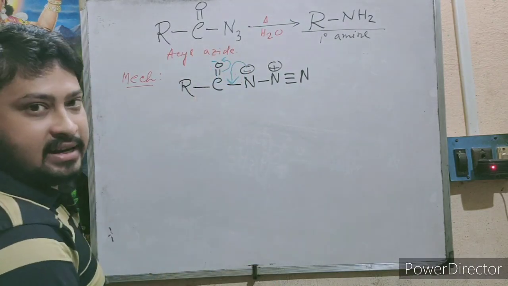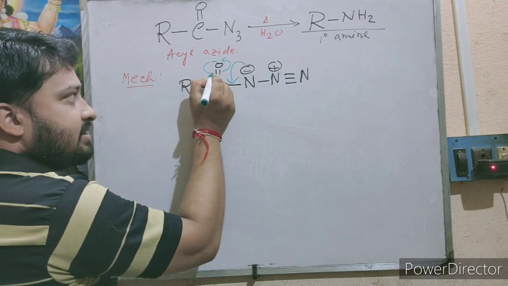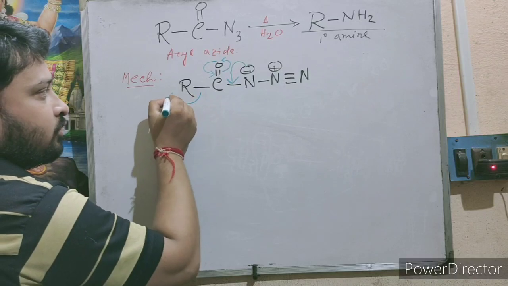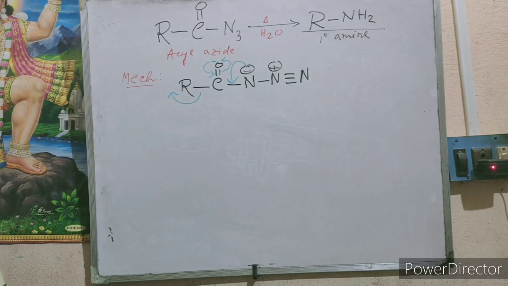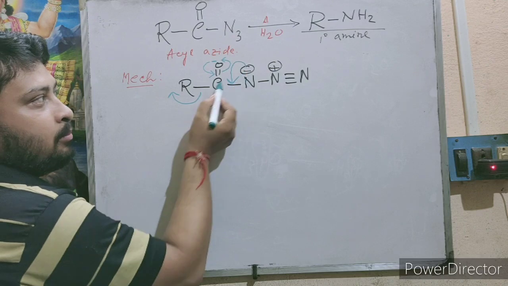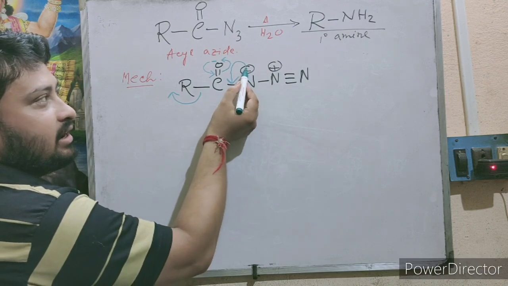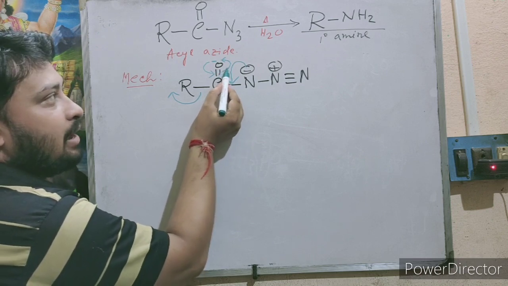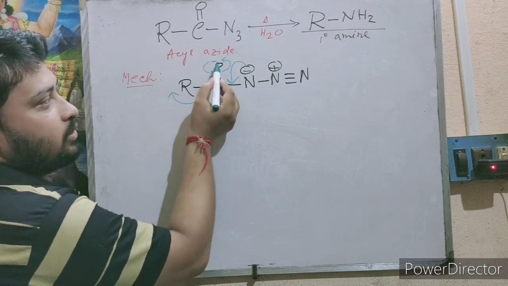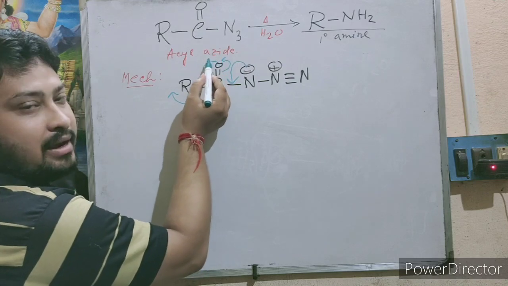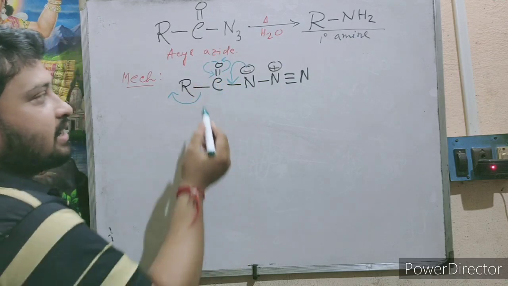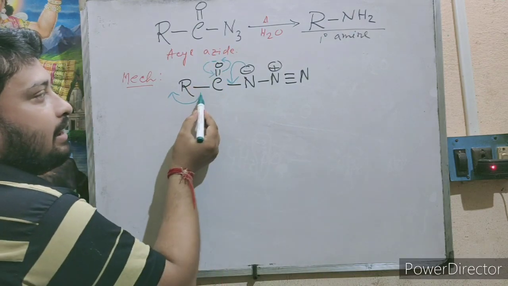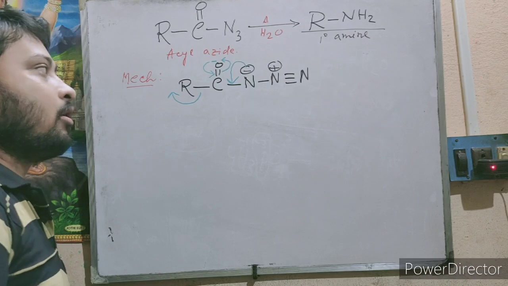When it gets a negative charge, it donates its negative charge to create the pi bond again, and R is removed from this compound.